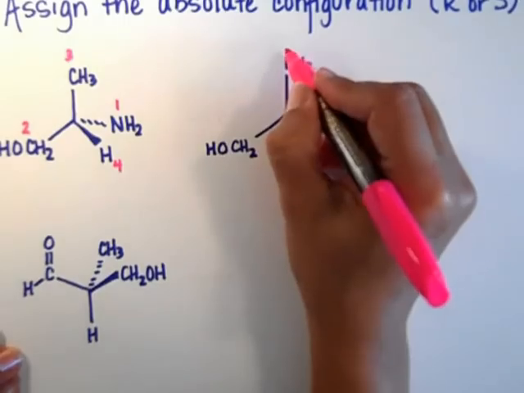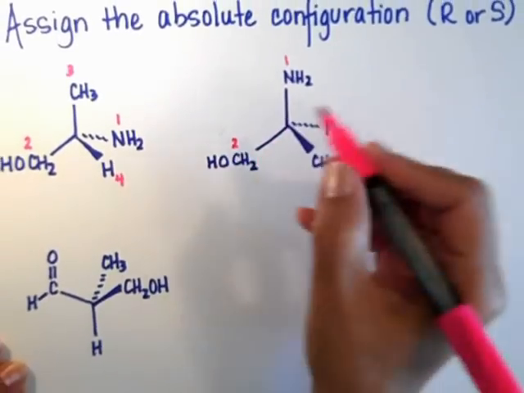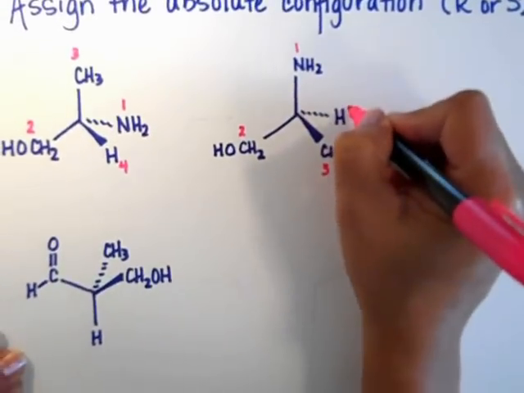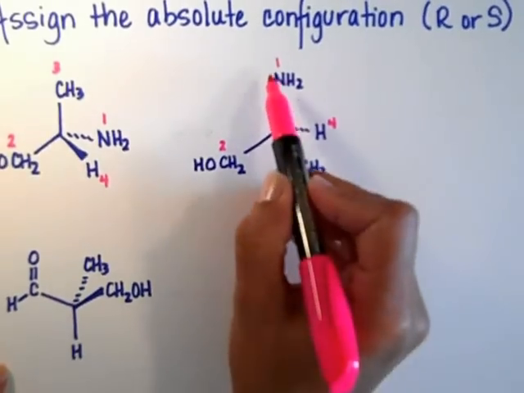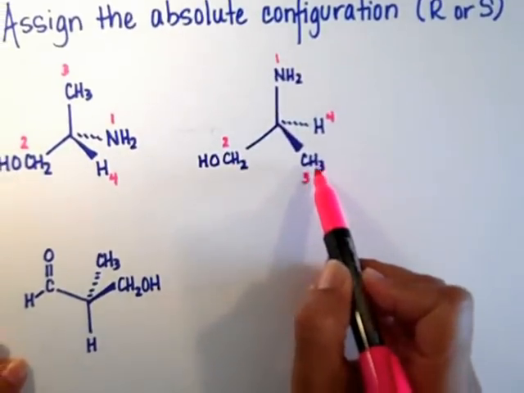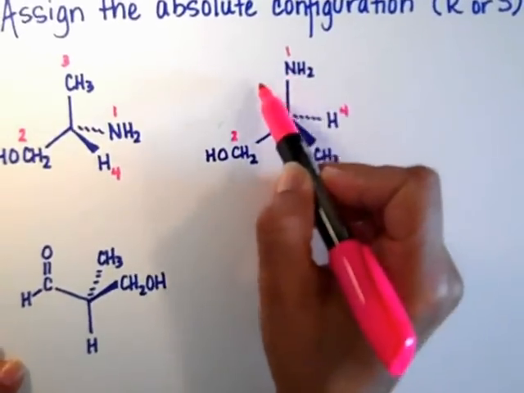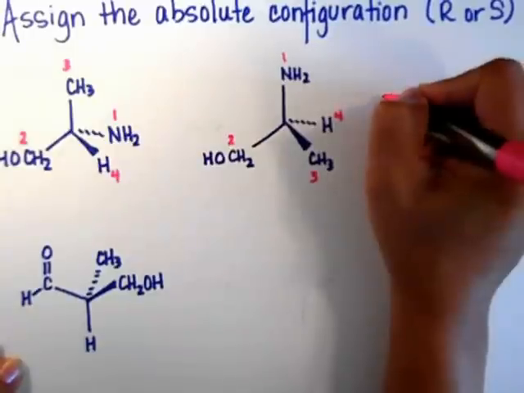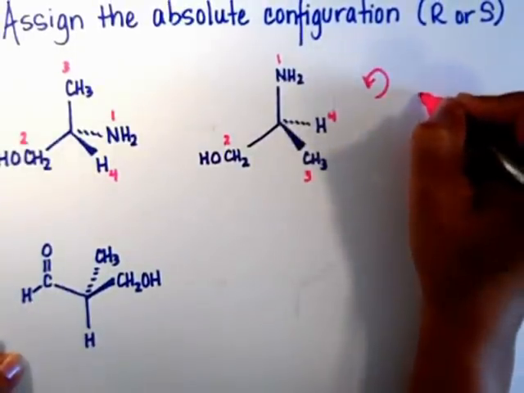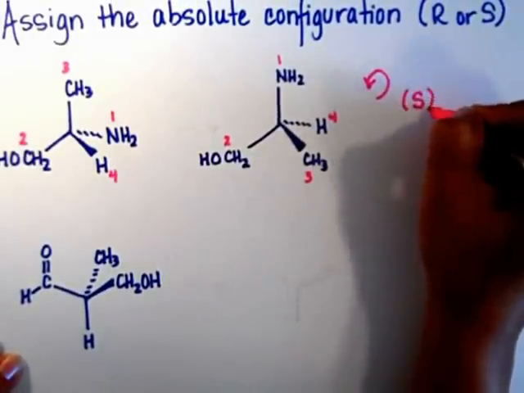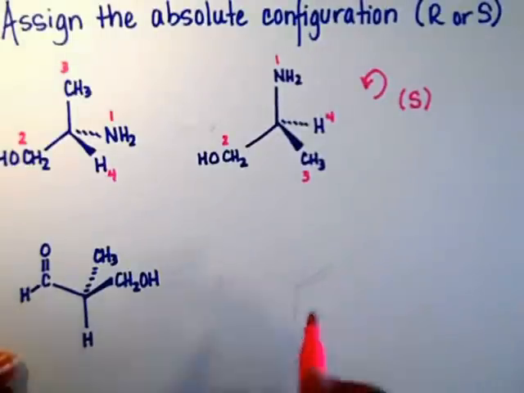Once you do that, you transfer your priorities. We start at 1, go to 2, go to 3, and back to 1. So 1, 2, 3. We're going counterclockwise, and this one is the S enantiomer.